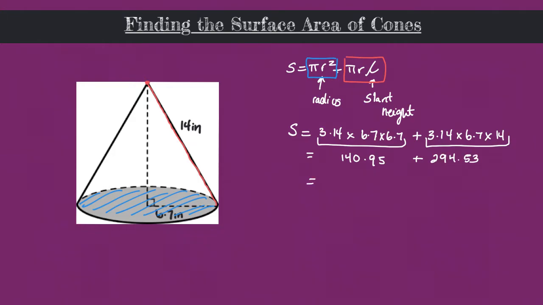When we add those together, our final surface area of the entire cone is 435.48 square inches.